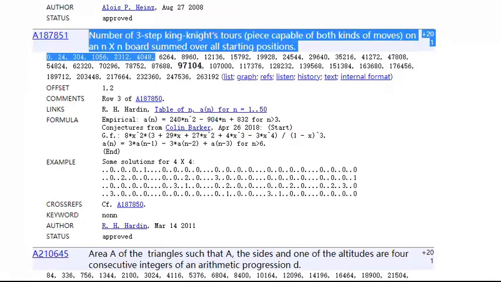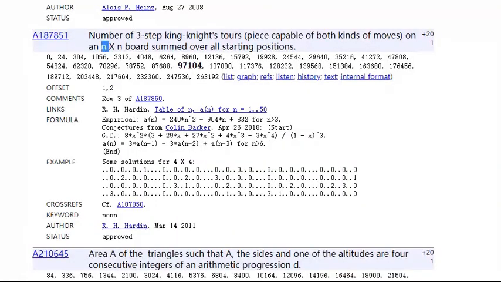It has to visit all the squares on the chessboard, but it cannot visit any place it has already been to. So it can't go back. Like the king knight can go here first, then it can go here, but it can't return to here. That's legal.